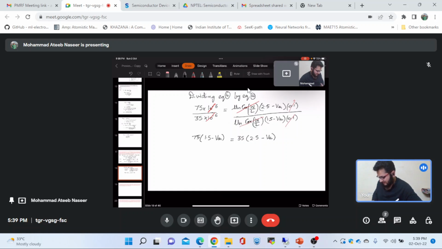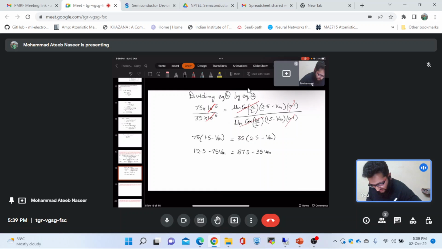If I multiply these quantities, it will be 75 into 1.5, 112.5 minus 75 VTH, is equal to 35 into 2.5, which is 87.5 minus 35 VTH.